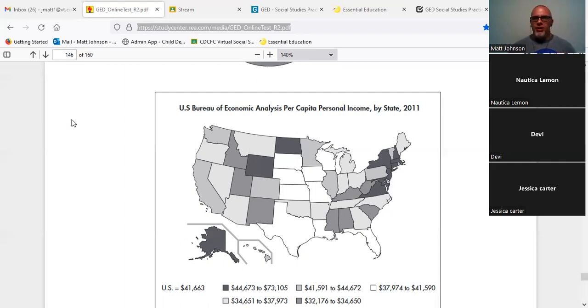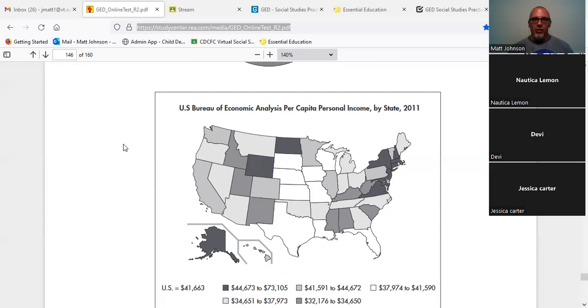The types of questions that we are encountering are pretty broad when it comes to maps. Some are direction based, like the one on DeSoto yesterday. A lot of information will be population driven or economics driven, which is the case here. So always look at the title so you understand the map first off. U.S. Bureau of Economic Analysis, per capita personal income by state, 2011.